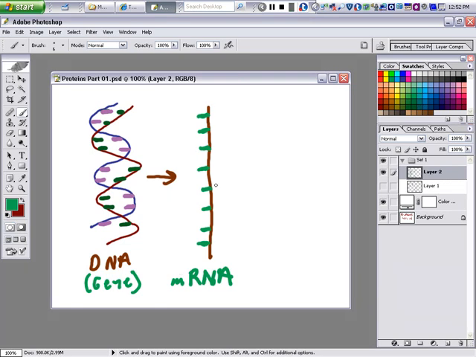Okay? And so here, the messenger RNA is going to leave the nucleus, and then there are going to be some proteins that read the RNA, and as they read the RNA, they're going to put together the right sequence of amino acids.